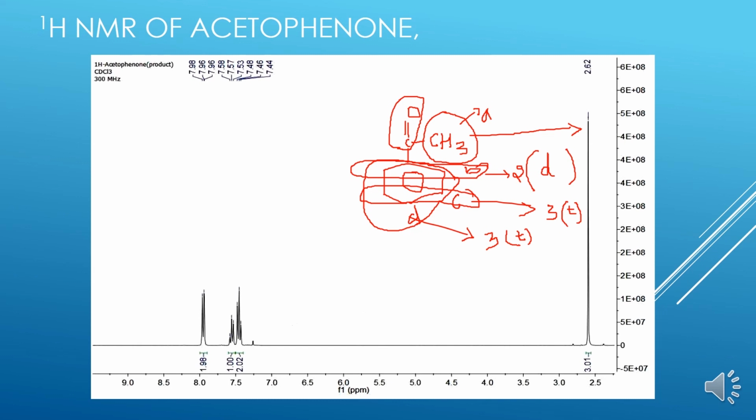Aromatic protons are de-shielded and methyl groups are shielded because in their proximity electron densities are more. So this CH3 is more shielded here.